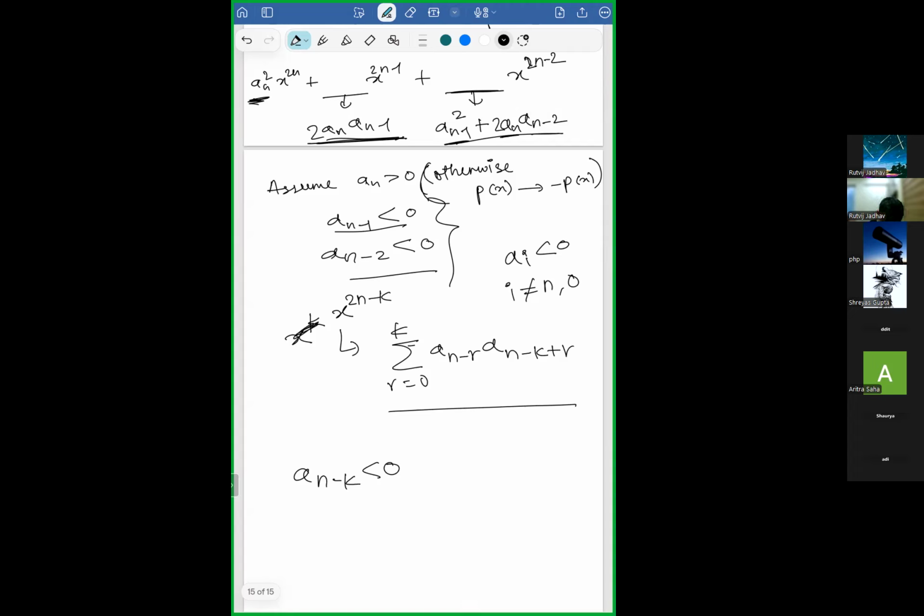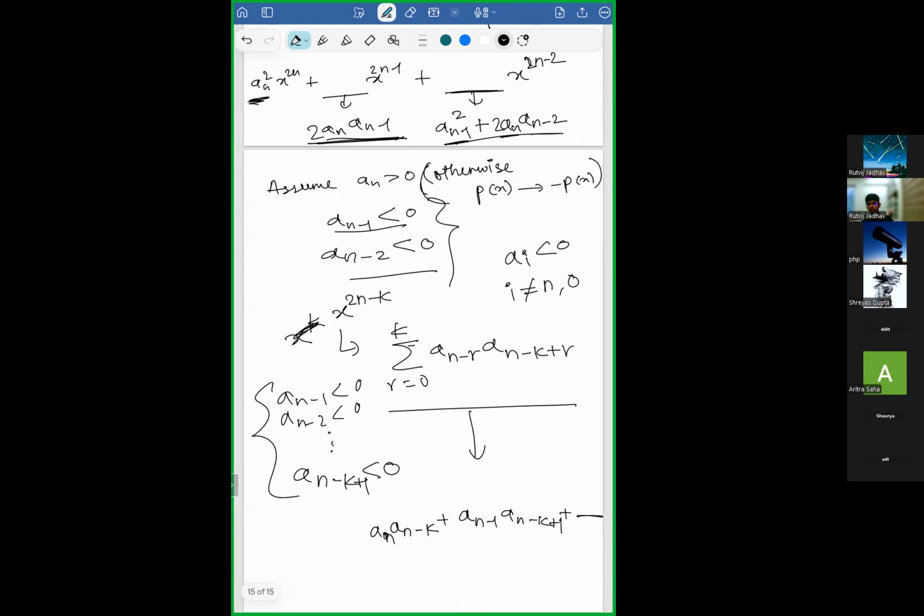And from here, if I expand this, we have assumed that all the numbers from an minus one to an minus k plus one are negative.